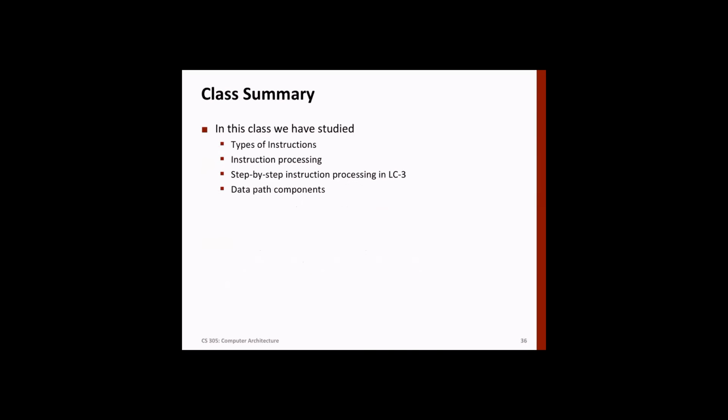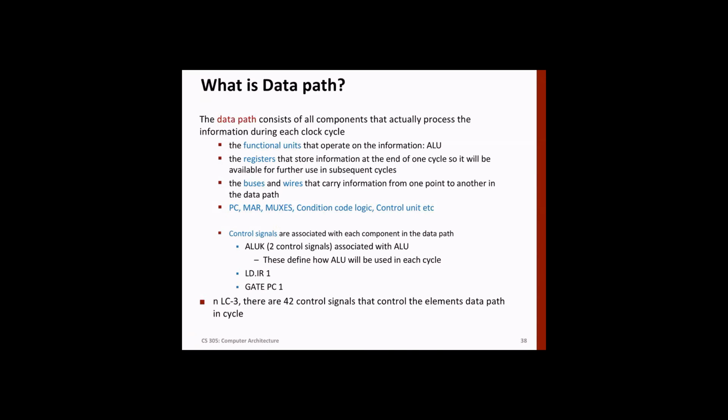All right. To summarize, we have studied types of instructions, how instructions are processed step by step, and the data path components. Data path in general consists of all components that process information during each clock cycle.